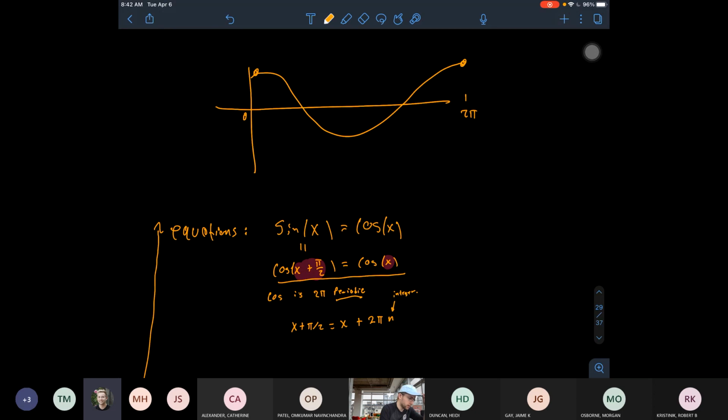So if we have sine of x, which is just cosine moved over by pi over 2, and we want to find the x values for which this is true, we need to find the x values such that, on a distance of pi over 2 apart, the height is going to be the same on these two functions.